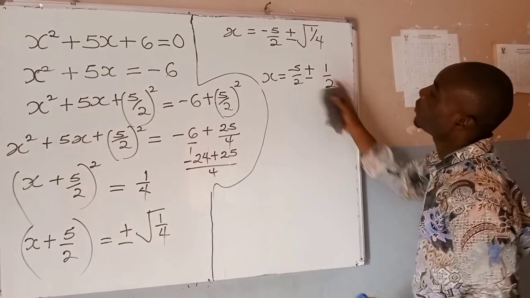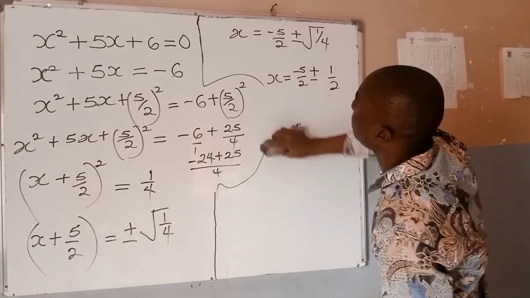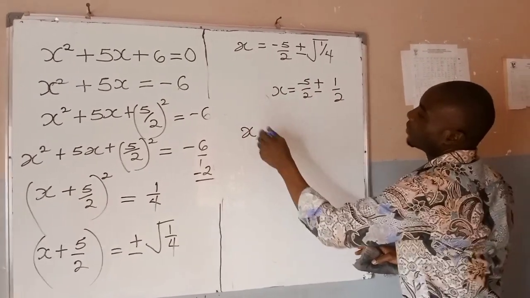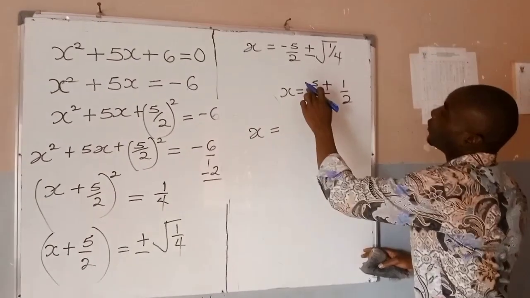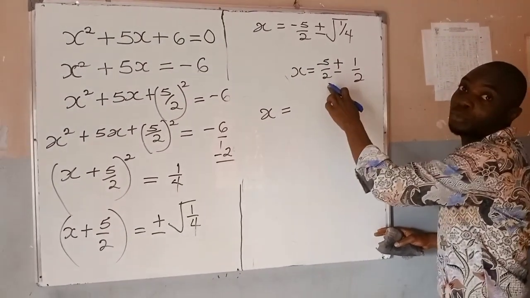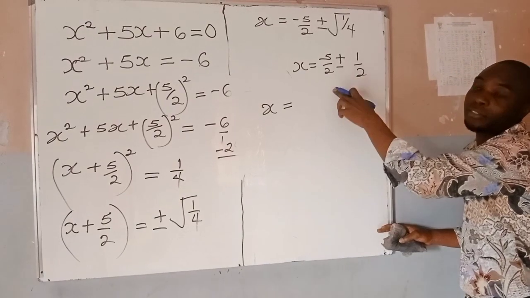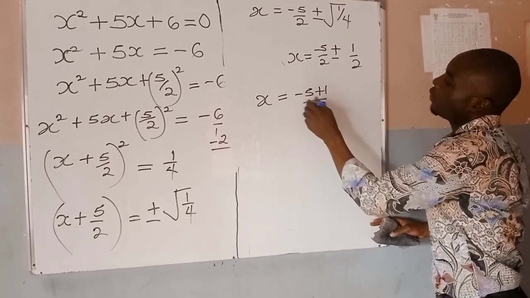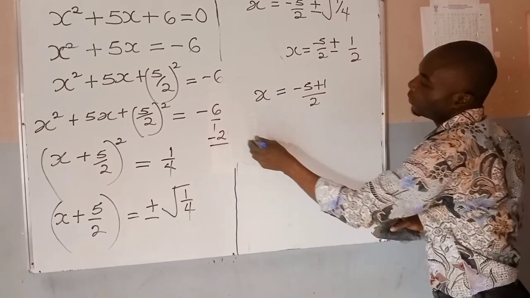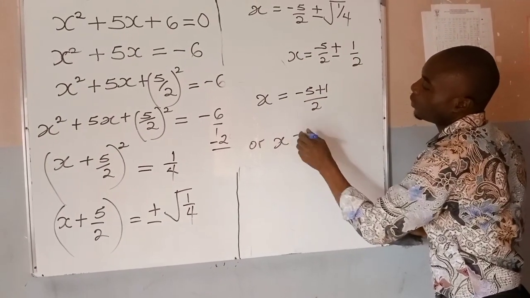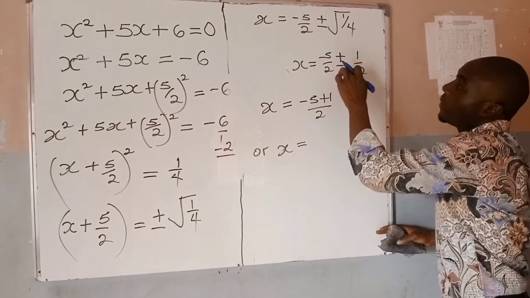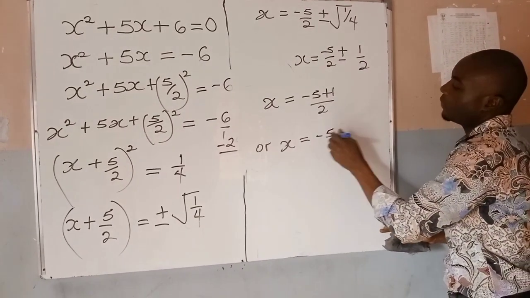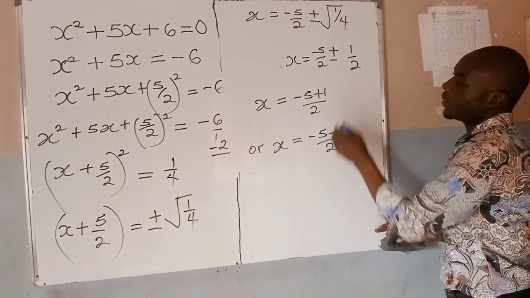Since we have the same denominator, we can say the value of x is equal to minus 5 plus 1 over 2, or the value of x will be equal to minus 5 minus 1 over 2.